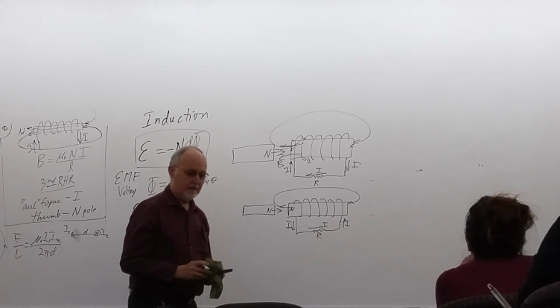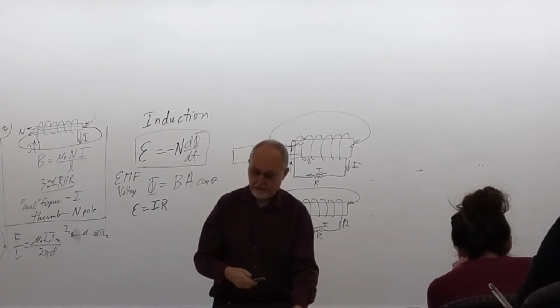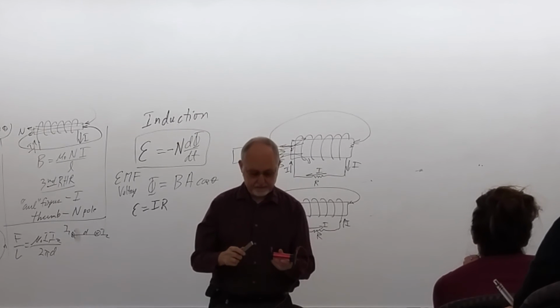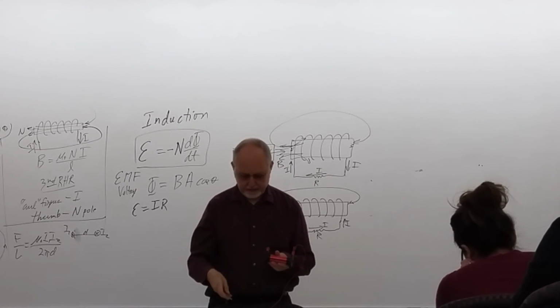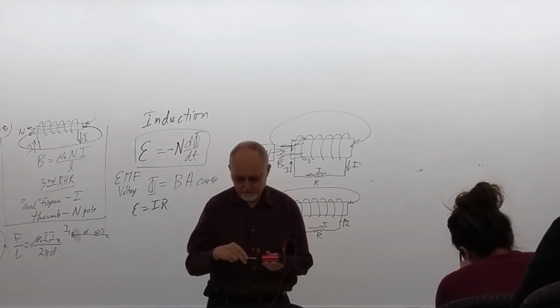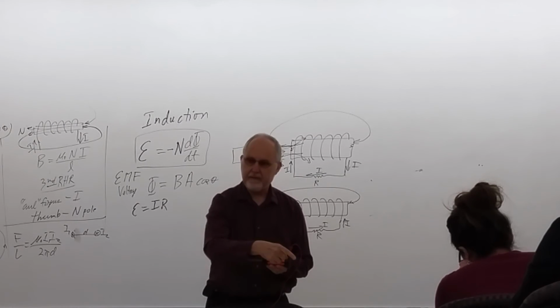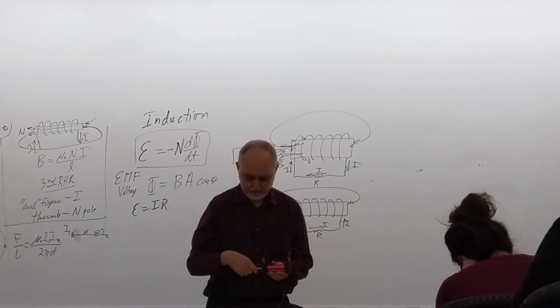Now that one I can actually show. I have no idea which way the winding is on this. But if I take my north pole here, shove it in this end of the coil, well, then it moves the galvanometer to the right. So presumably the current's coming in this side, coming out of that side.